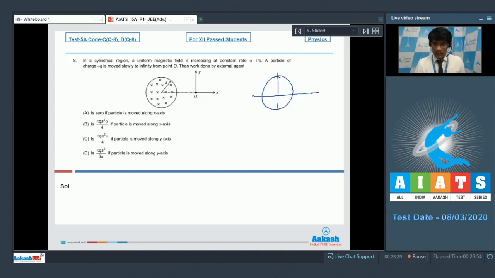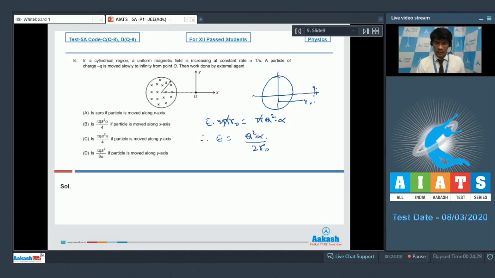Let's say I'm calculating the field at distance r₀. I would say E × 2πr₀ must be equal to πa² × dB/dt, which has been given to be α. So I get the electric field as a²α divided by 2r₀.